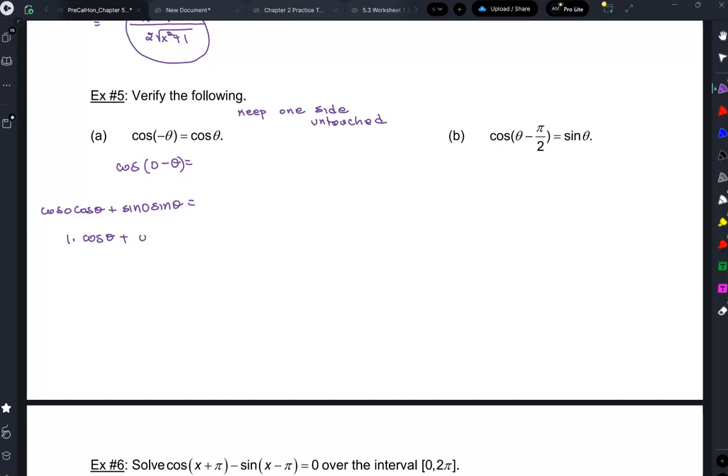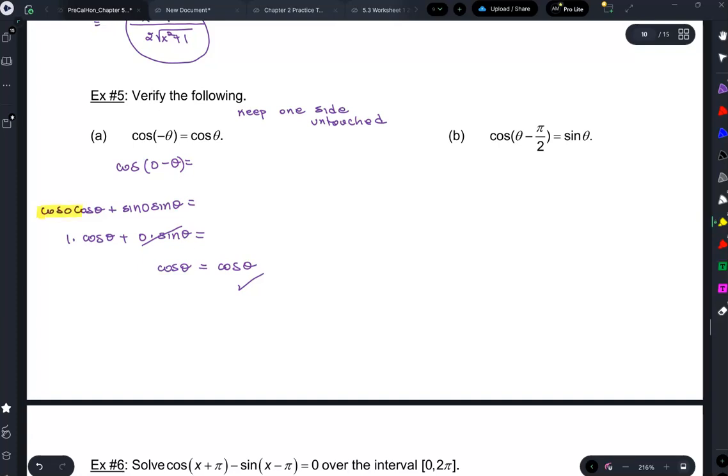Sine of 0 is 0, times sine of theta. 0 times anything goes away. What I have left is 1 times cosine of theta, which equals cosine of theta. So there we go, I verified it, because cosine of 0 is 1.